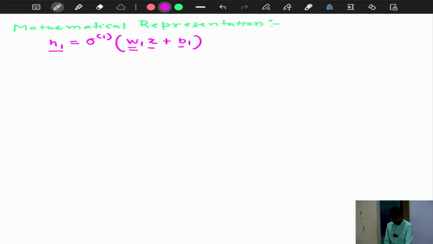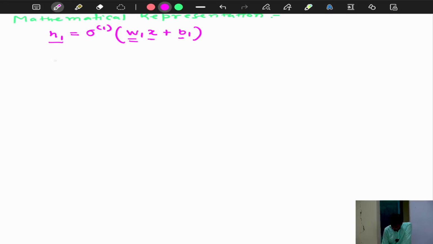What is my h2? Sigma 2, w2, h1, plus b2, right?